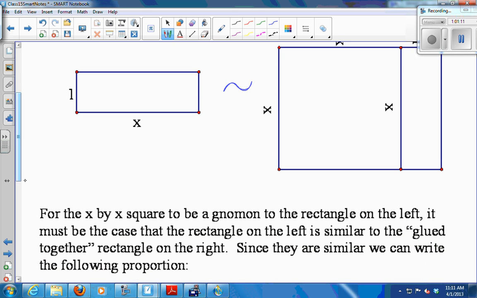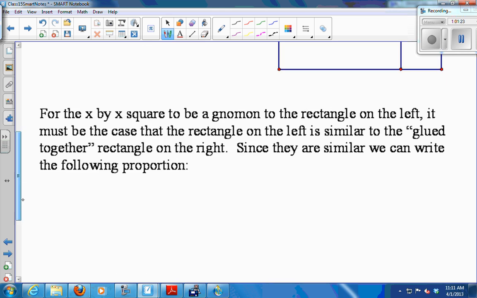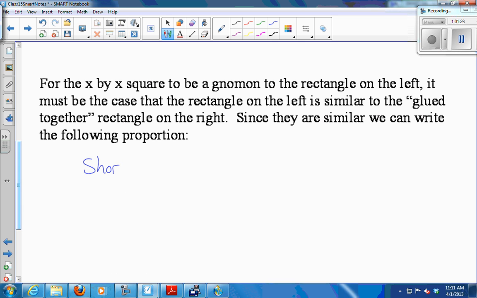So for the x by x square to be a gnomon to the rectangle on the left, it has to be that this one is similar to this one. Since they're similar, we can write a proportion. We can do short to short equals long to long. When you divide any two corresponding pieces, you're going to get the scale factor.